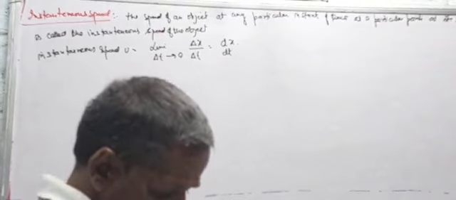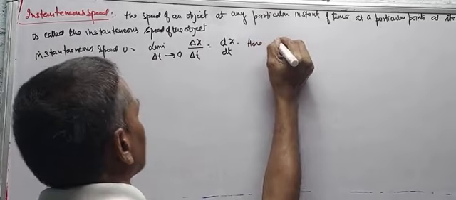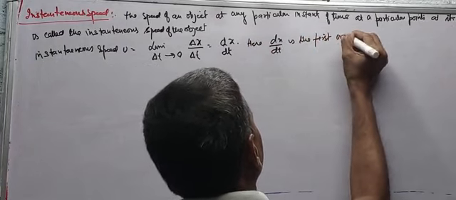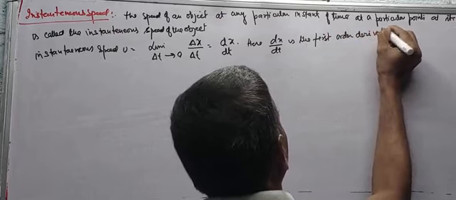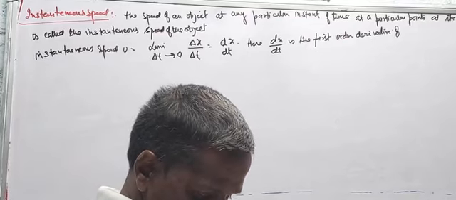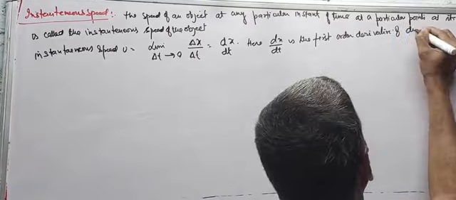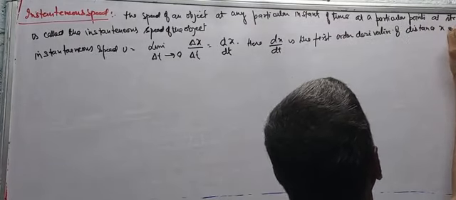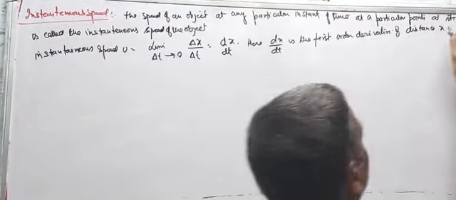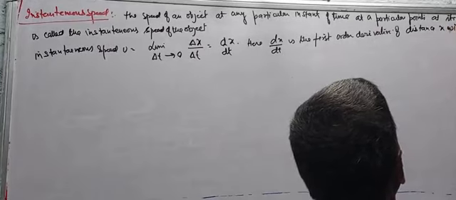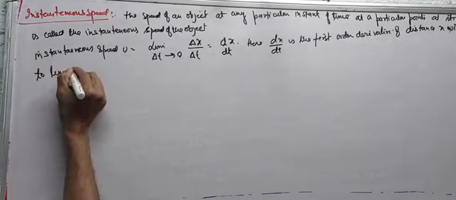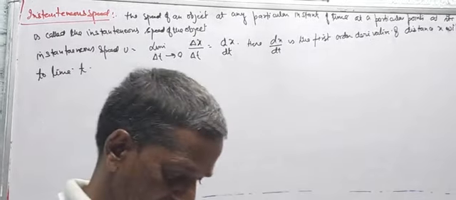Here dx upon dt is the first order derivative of distance x with respect to time t.